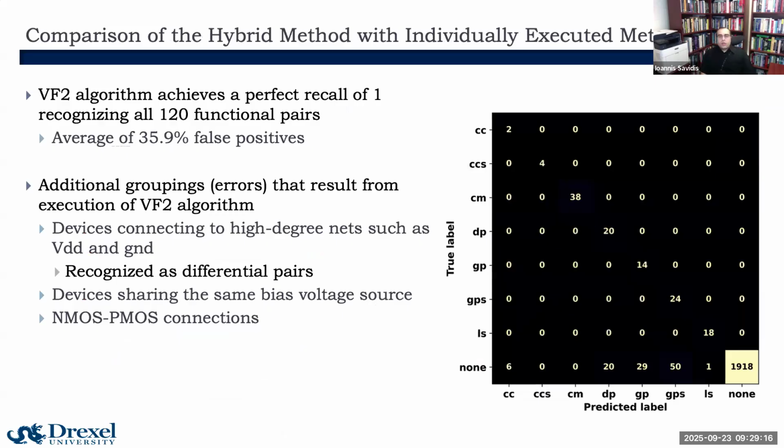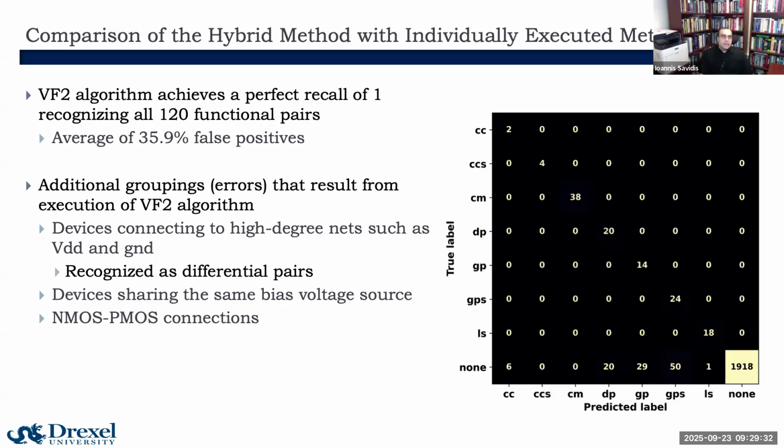And when comparing the VF2 heuristic with the hybrid approach we developed, the hybrid approach addressed the high false positive rate of VF2 while also providing the classification of the group pair, as I mentioned.